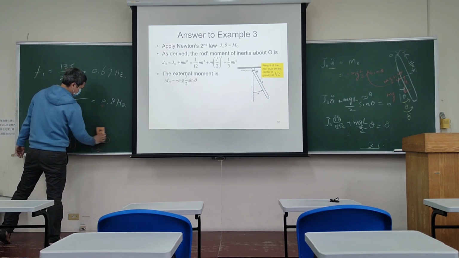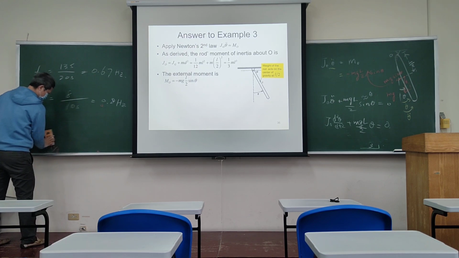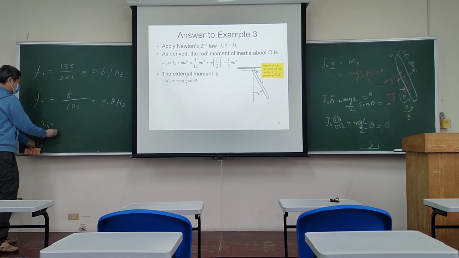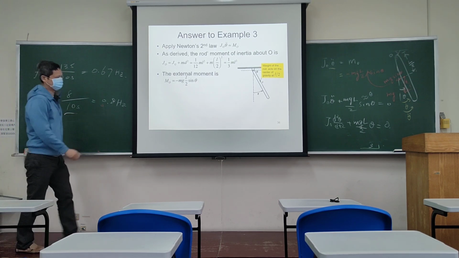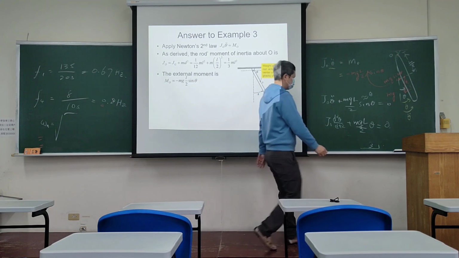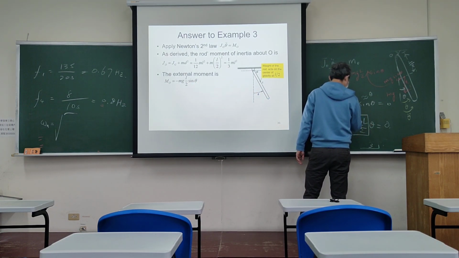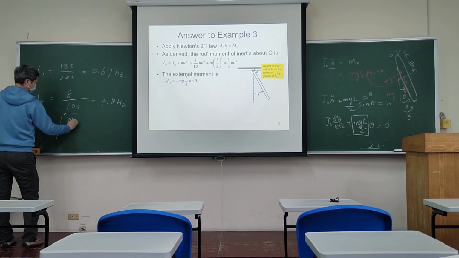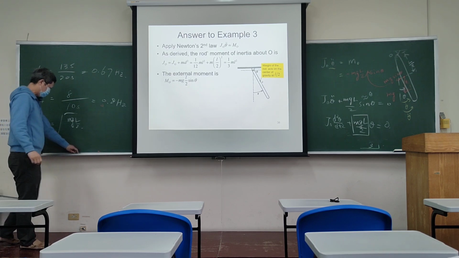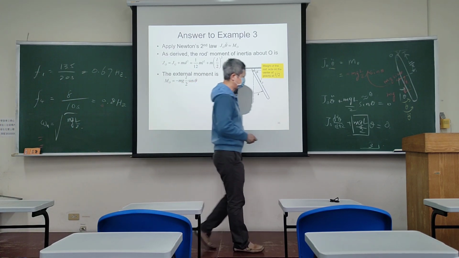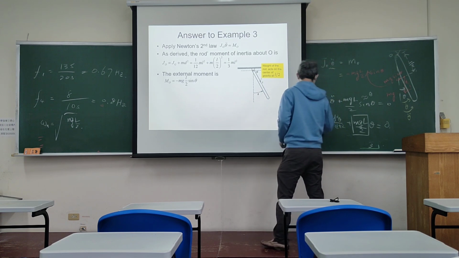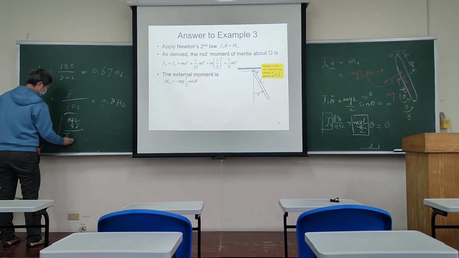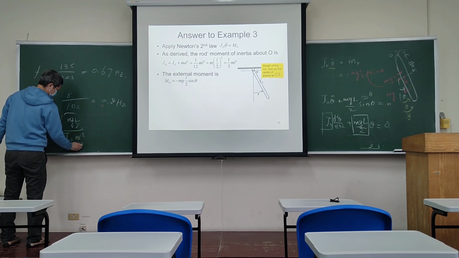you can solve it. The numerator is mgL over 2, and the one in the denominator is this J naught, and this J naught is equal to mL squared over 3.